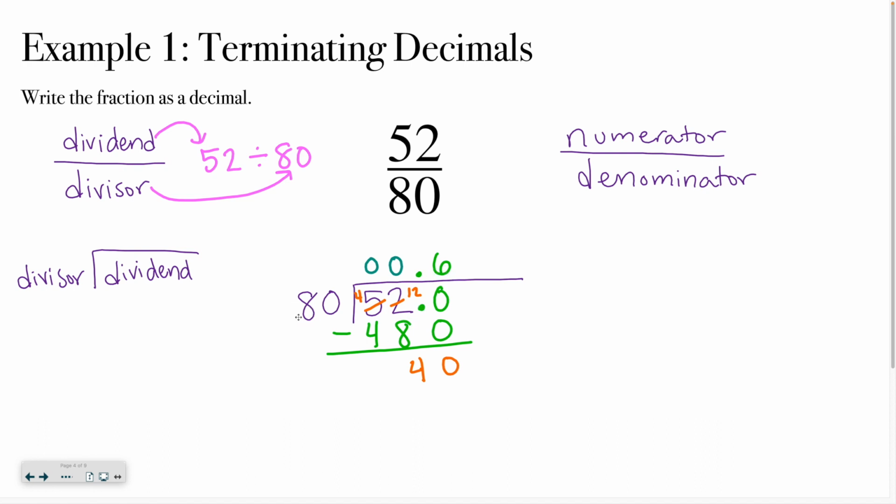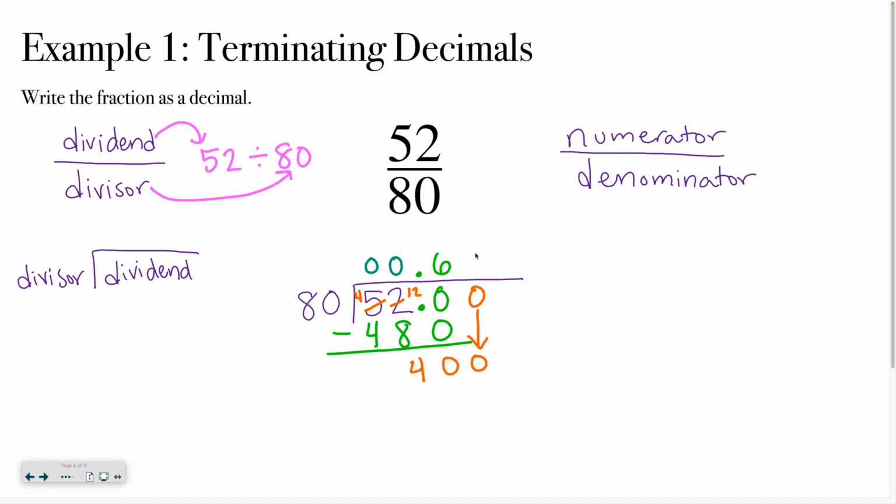Now I want to look and see how many times can 80 go into the number 40. And if I think about that, it can't. So I bring down that next 0. And I think, how many times can 80 go into 400? And again, they end in 0. So then what I would do is I would say, how many times can 8 go into 40?